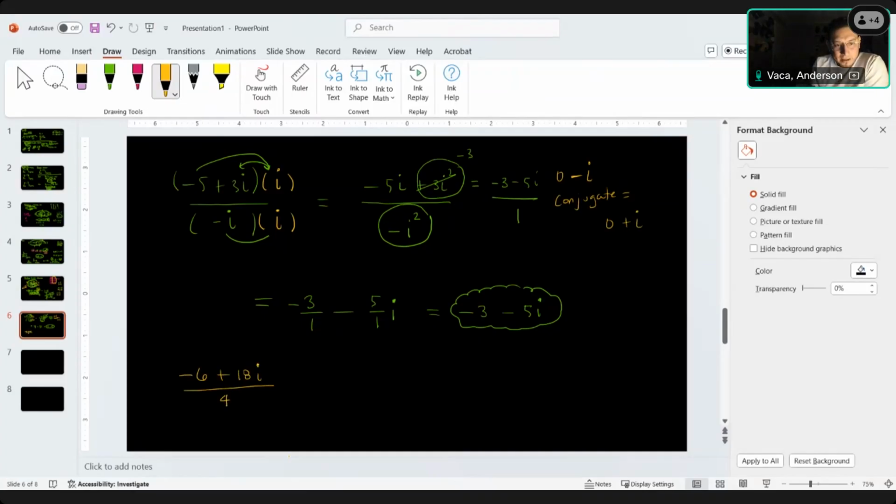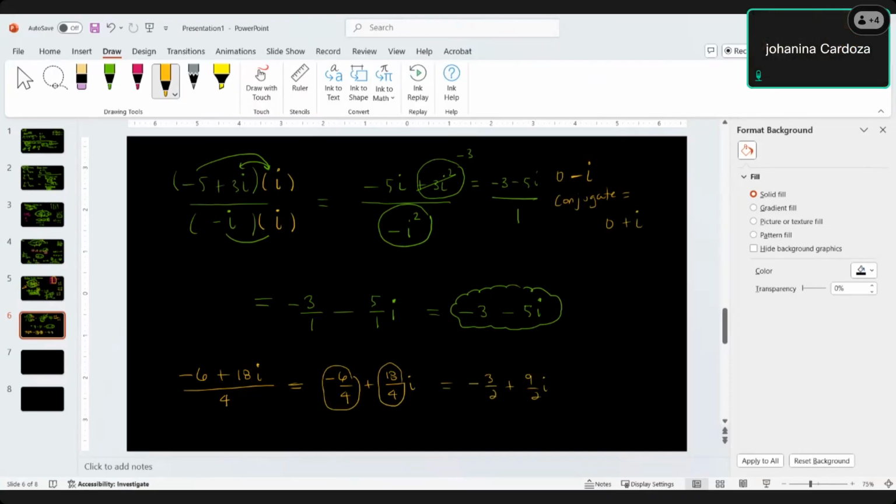In that case, we'll do negative 6 over 4 plus 18 over 4i. But then we have to recognize that this fraction can be reduced to negative 3 over 2, and this fraction can be reduced to 9 over 2i. Is that what you were talking about?